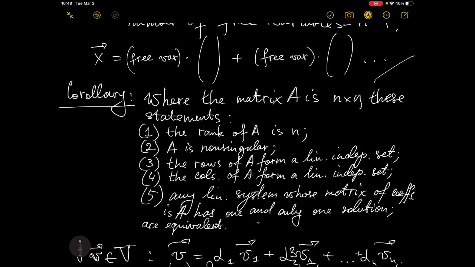So then we know that the number of linearly independent rows and columns of A is equal to the number of leading ones, which is equal to n, right? And then any linear system whose matrix of coefficients A has one and only one solution. But this is exactly a definition, essentially.